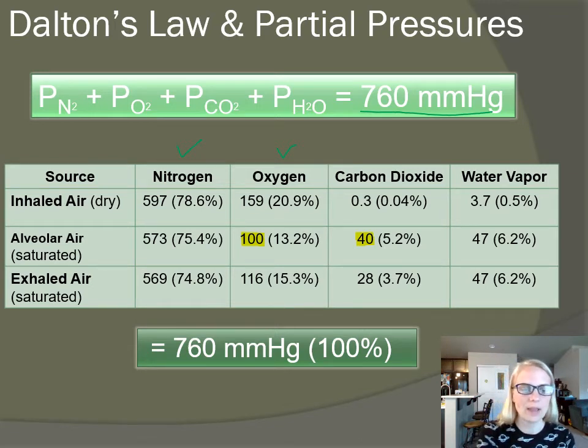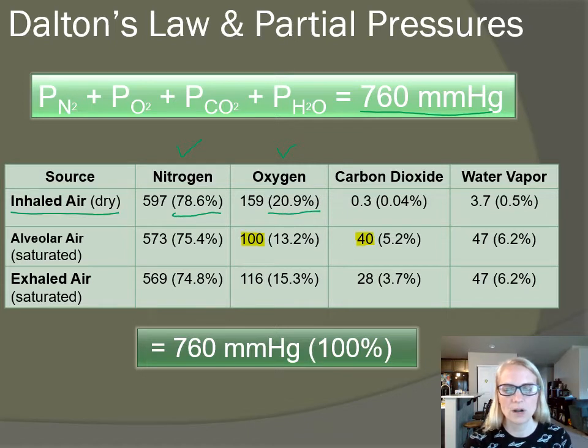So in this top column here, this inhaled dry air, we can see it's about 78.6% nitrogen, about 21% oxygen, and then we have even way smaller percentages of carbon dioxide and water vapor. There's some other gases out there like argon and other things that aren't really relevant to our respiratory system. So we're mainly just going to be concerned with carbon dioxide and oxygen.